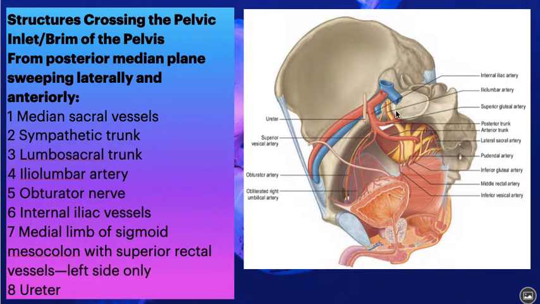We have the median sacral vessels, then the sympathetic trunk, the lumbosacral trunk, the iliolumbar artery, the obturator nerve running in the obturator canal, then the internal iliac vessels, the medial limb of the sigmoid mesocolon with superior rectal vessels on the left side only. Then we have the ureter over here.